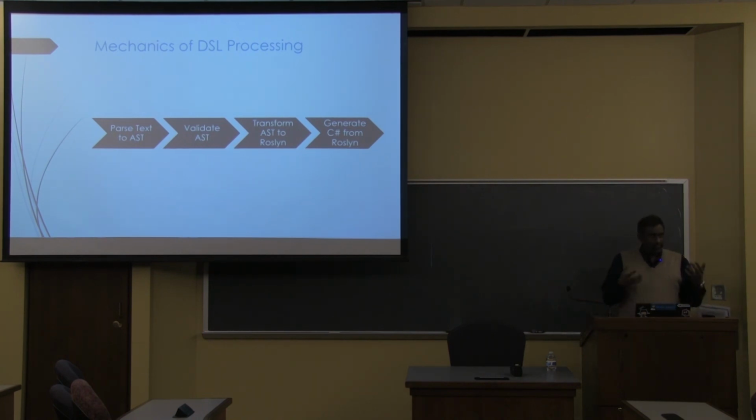So we take the text and parse it into some form of an abstract syntax tree and validate it to make sure that it makes sense, right? And then we reach over to Microsoft and say, hang on, you guys have been working on this Roslyn thing for some time. And for those people who aren't aware of what Roslyn is, it's Microsoft Compiler Services that's now basically available as a library if you want it.